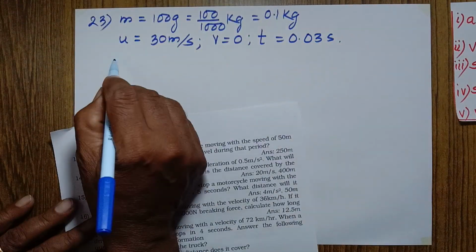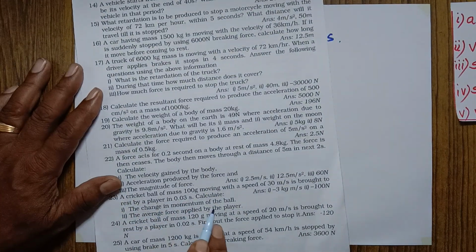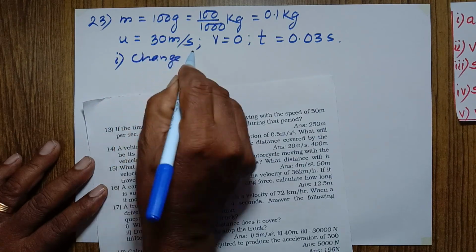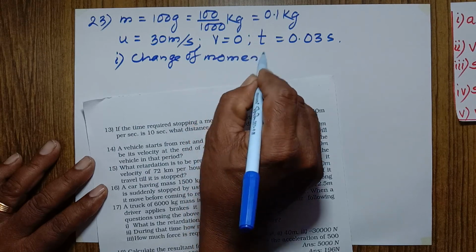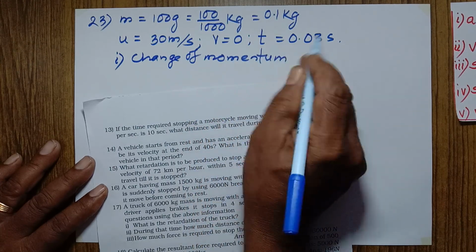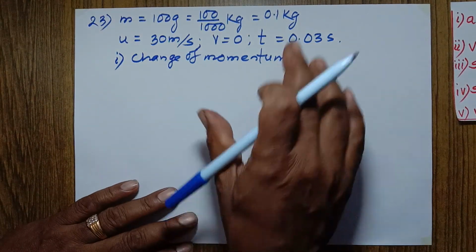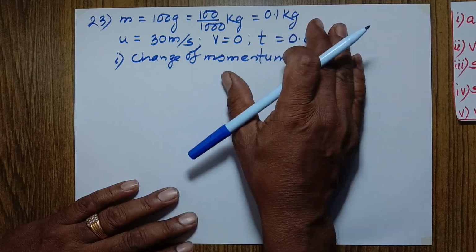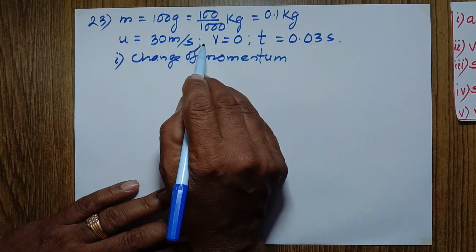Now calculate 1 and 2. There are two questions. Number 1 is the change of momentum. Let's calculate first the change of momentum. What is momentum? If you remember, momentum is the product of mass and velocity, m and v.